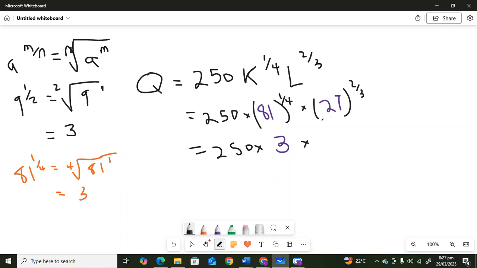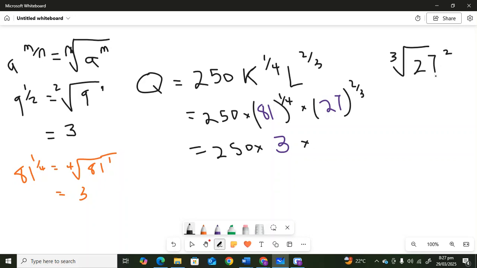We go to 27 to the power 2 over 3. All right. We can just apply this law of indices here, no need to even break it down. So basically, we need to get the cube root of 27, then we square it.